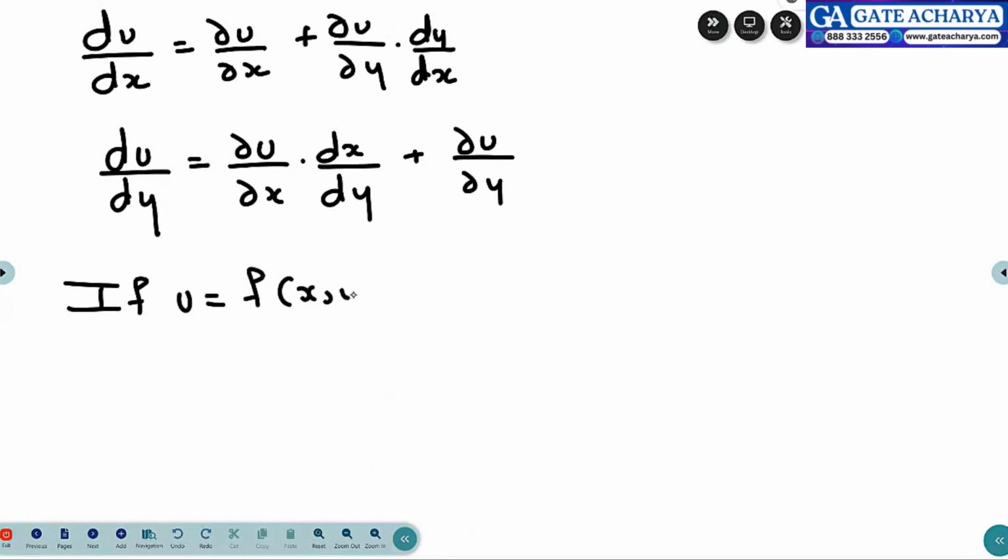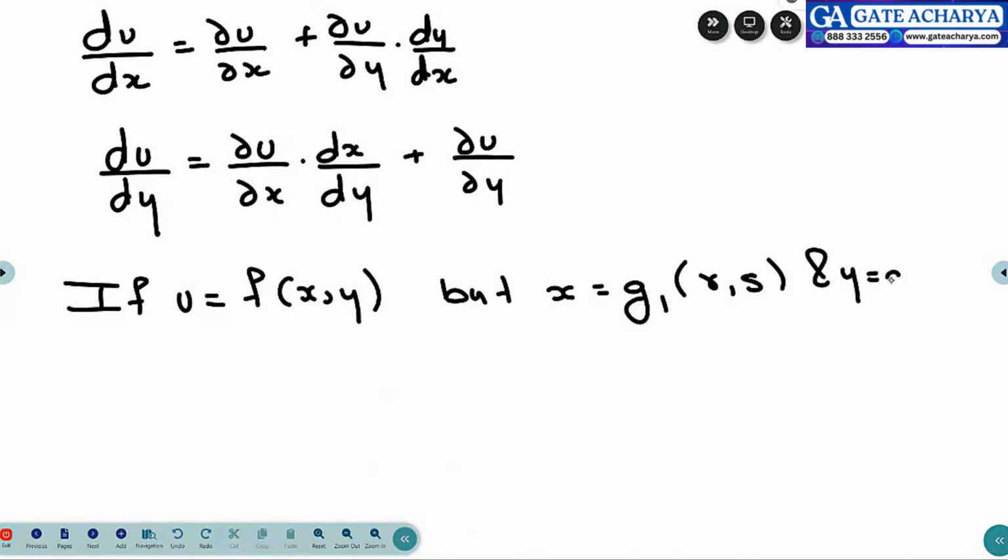Same logic here, but x is another function g1 of, let's say, r and s, and y is another function g2 of r comma s. So u is a function of x comma y, and x and y are individually functions of r and s. In that case, how will you operate?